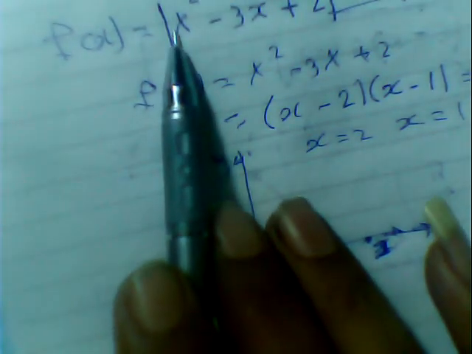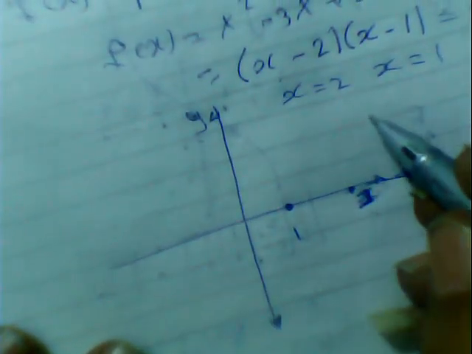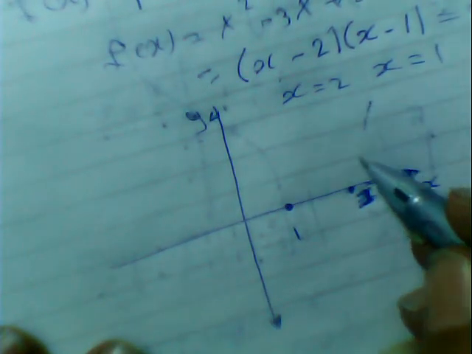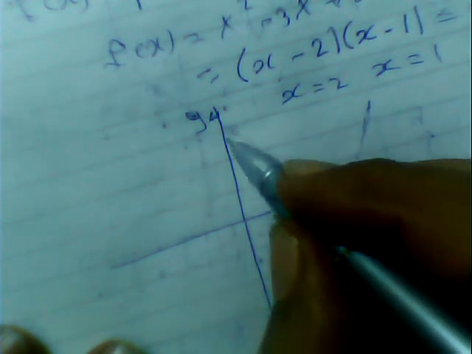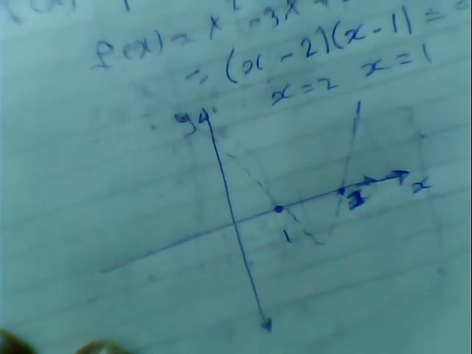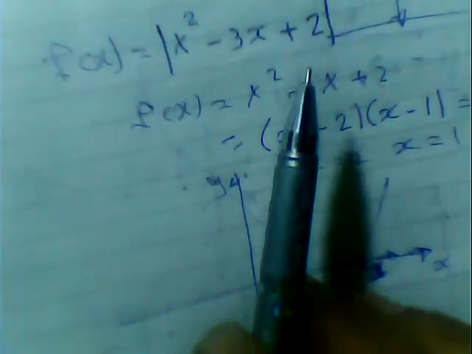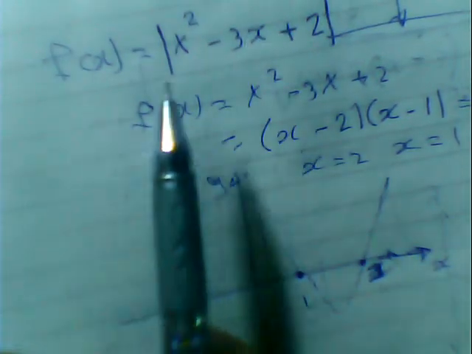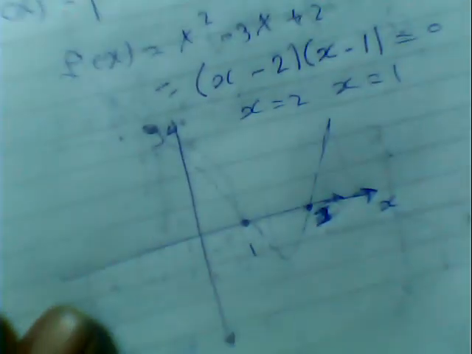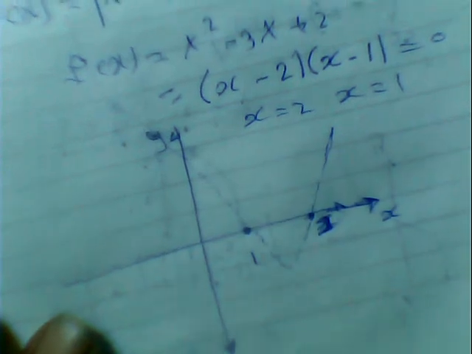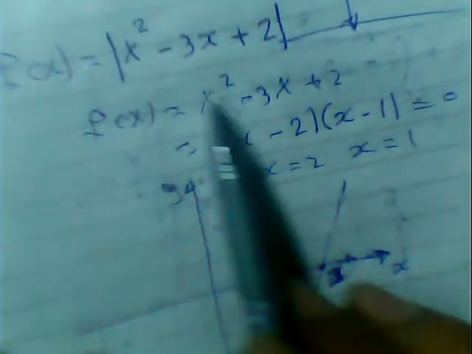We look at this sign, this is positive, then we draw like this. Okay, we would finish now if there were no absolute value here. But what does this do to this function?